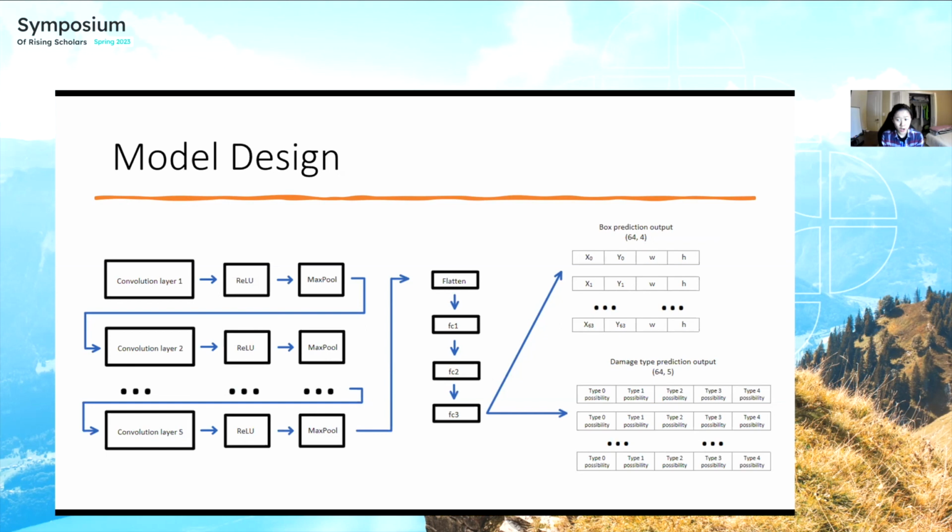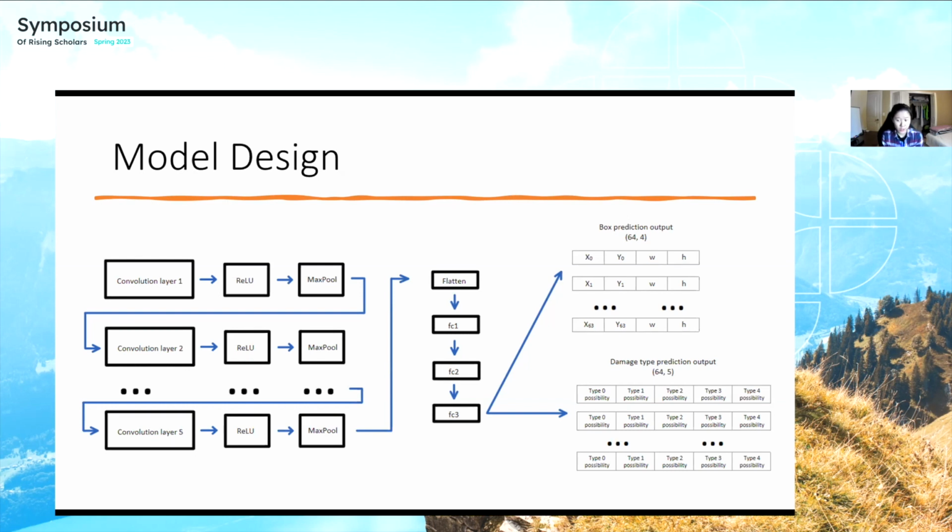My model is a convolutional neural network consisting of 5 convolutional layers with max pool and ReLU activations and 3 fully connected layers after. The model has 2 outputs, prediction for the box coordinates and prediction for the damage type for each box. The box prediction will be 64 by 4, which represents 64 boxes, each with 4 coordinates.